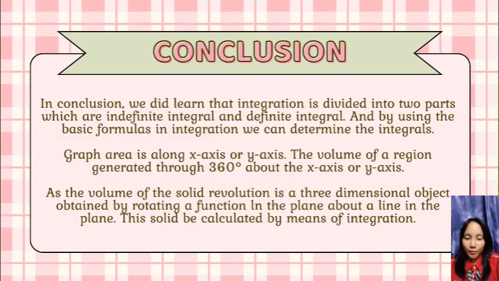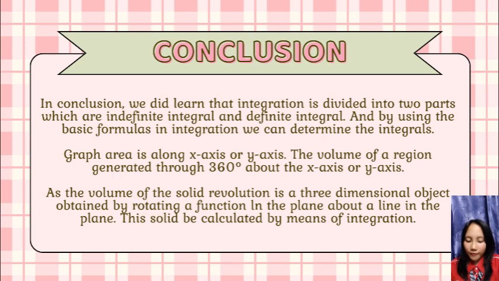In conclusion, we did learn that integrals are divided into two parts, which are indefinite integral and definite integral. And by using the basic formula in integration, we can determine the integrals and graph area along the x-axis or y-axis, and the volume of a region generated through 360 degrees about the x-axis or y-axis.